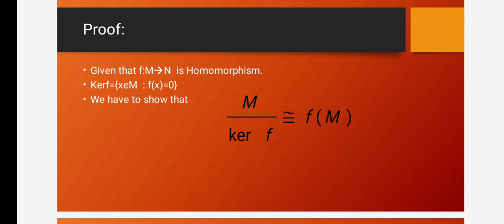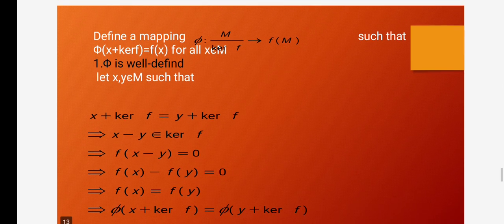Then we have to show that M by kernel f is isomorphic to f of M. Let's define a mapping phi from M upon kernel f to f of M such that phi of x plus kernel f equals f of x for all x belongs to M. Firstly, we have to show that our mapping is well defined. Then we have to show that it's an isomorphism.